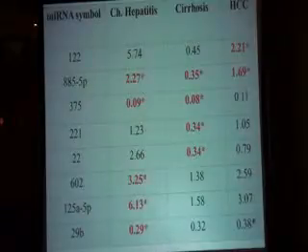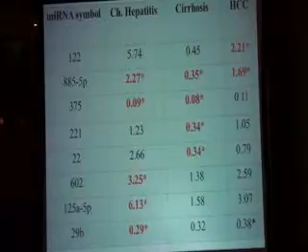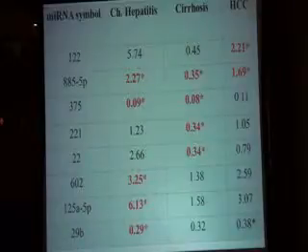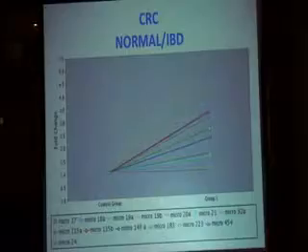So, for example, for microRNA 885-5P, the expression of this microRNA differs significantly between the three groups. So it can differentiate between chronic hepatitis, cirrhosis, and hepatocellular carcinoma, whereas microRNA 222 can only differentiate cirrhosis from the other groups.